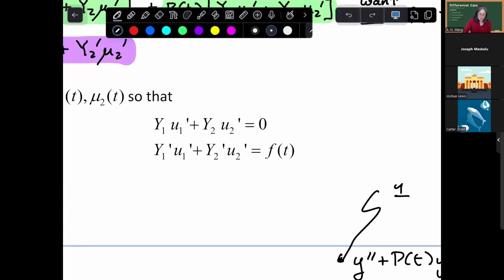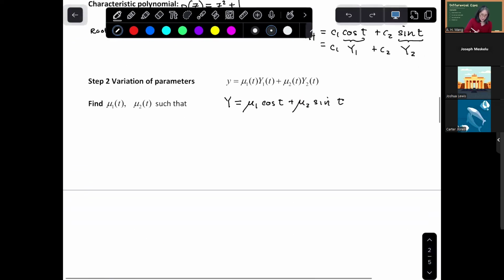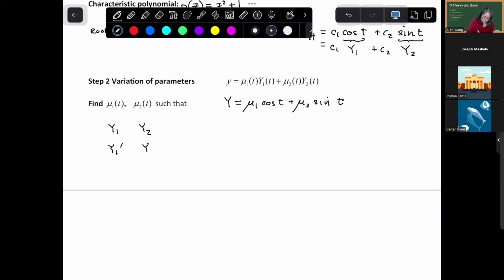Okay, so that's how you memorize it. So memorize that and just write it out like this. You go y1, y2, y1 prime, y2 prime, just like you're writing out the Wronskian. Then go mu1 prime, mu2 prime, because the best that you can do is solve for the derivative of the mu's.